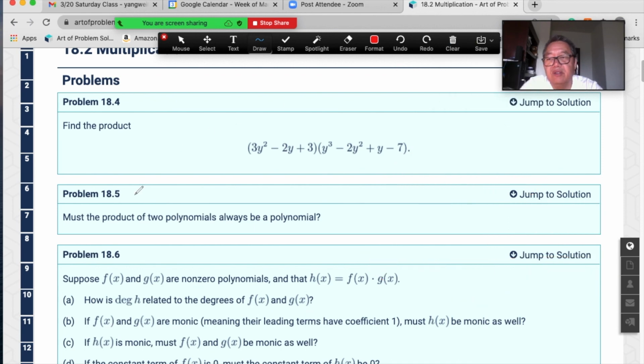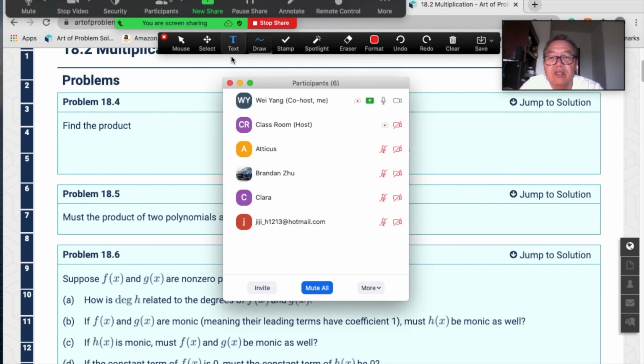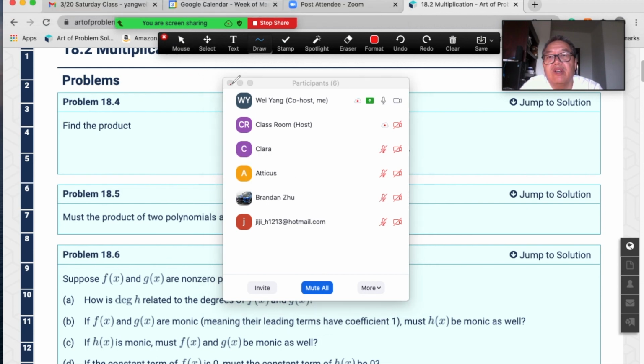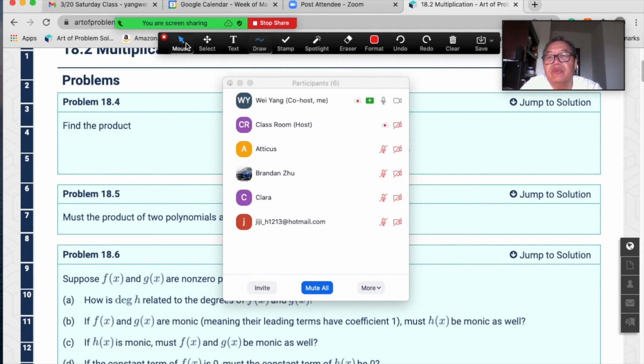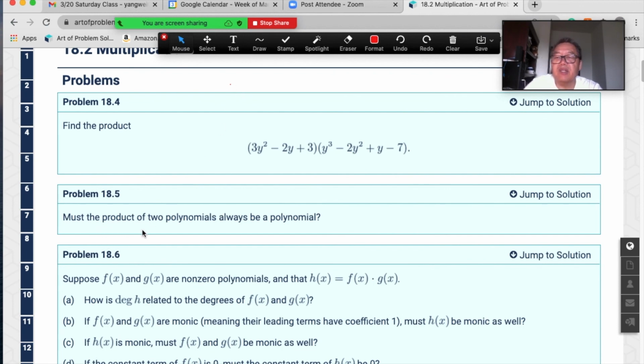Now let's see. Must the product of two polynomials always be a polynomial? Clara, are you still here? Oh yeah. Can you answer this question? If we multiply two polynomials, do we still always get another polynomial?